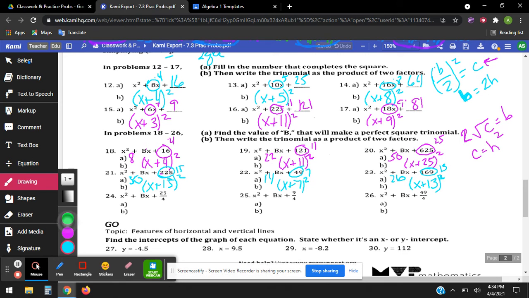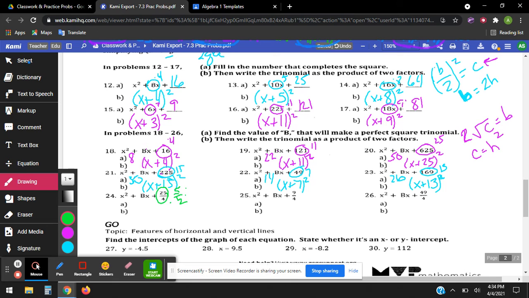All right, next row. Here we have a fraction. So 25 fourths, the square root of that would be 5 halves.